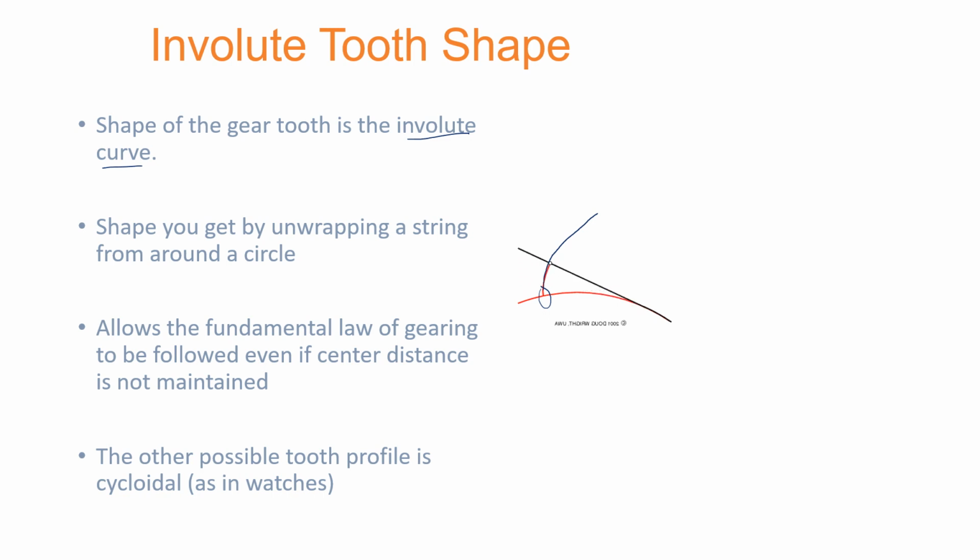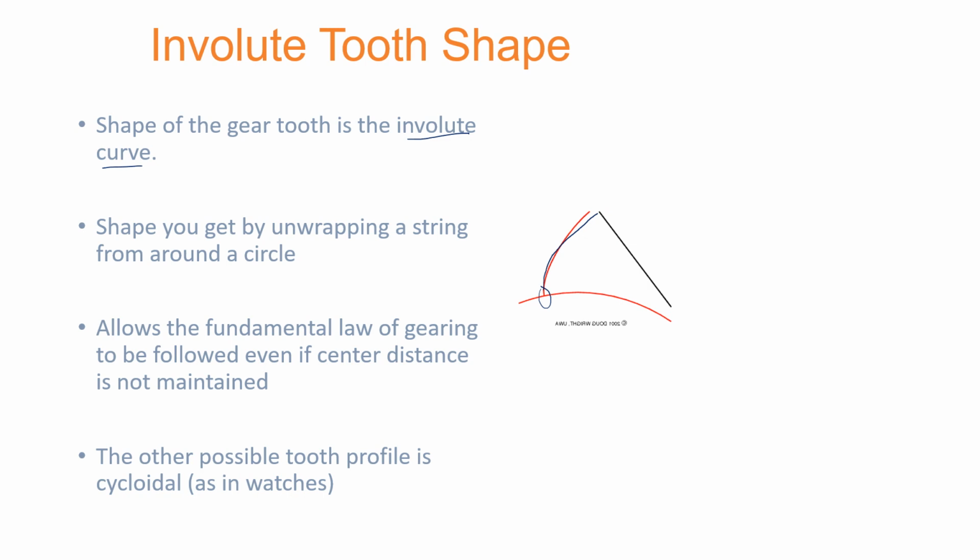So this path is going to be called the involute curve, and it has the ability to engage the other meshing gear so that it fulfills the fundamental law of gearing that we have just mentioned.